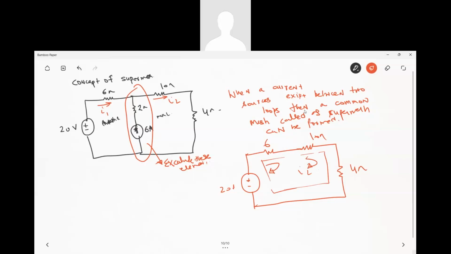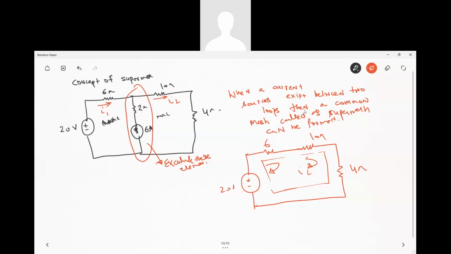Basically, a super mesh arises when two meshes share a current source.